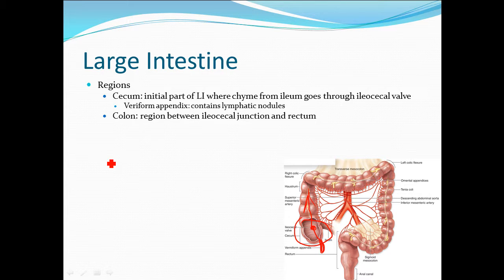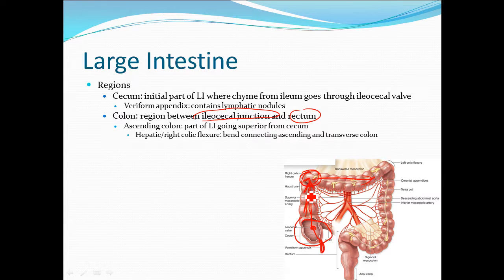And when we're talking about the colon, this is now the region between the ileocecal junction and the rectum. So we have the one that goes upwards this way, known as the ascending colon. And this corner over here, when it becomes the ascending to the transverse, this is called the right colic flexure, or you could call it the hepatic flexure, since the liver will be kind of around there.